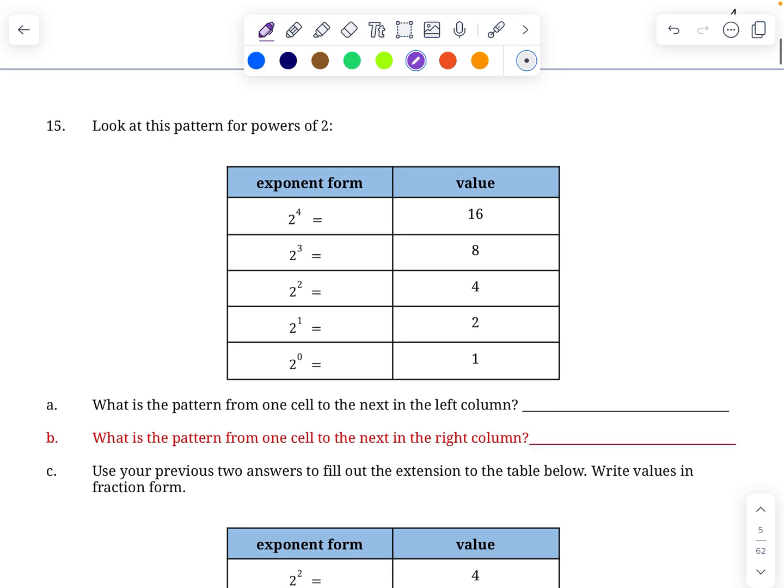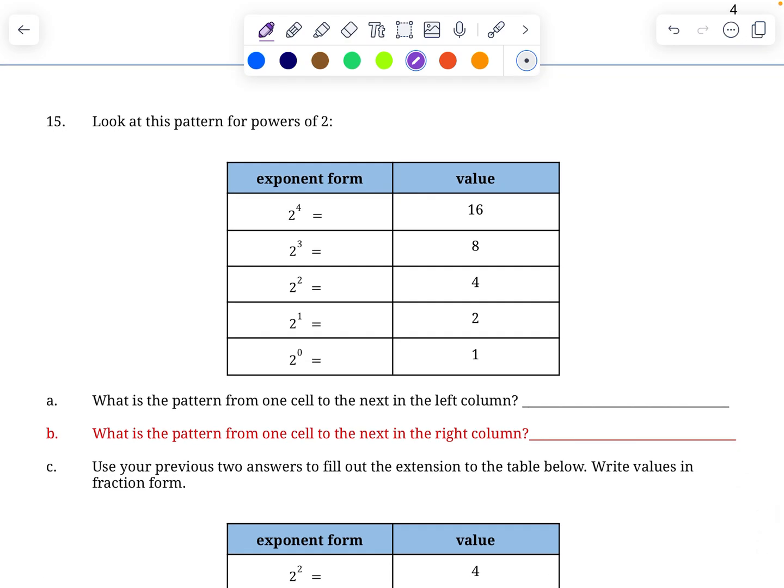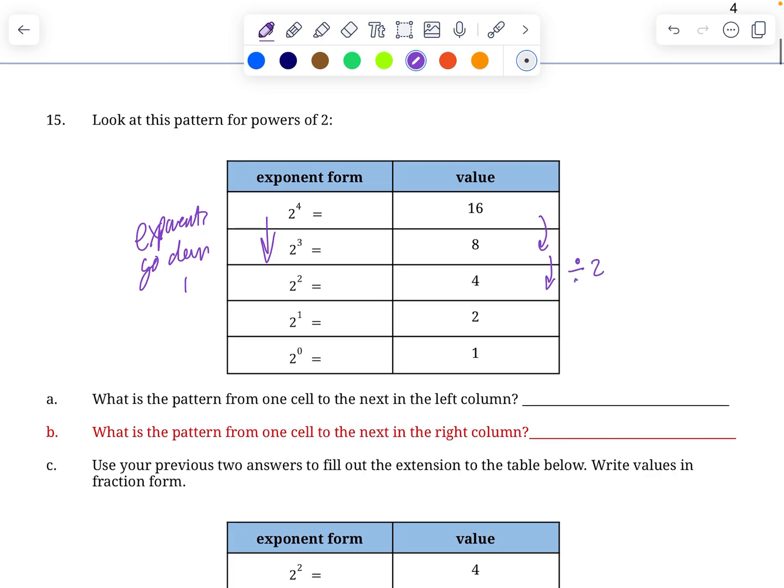This last one's a little bit weird. If you look at the pattern here, as the exponents go down 1, what's happening to these numbers? You're dividing by 2. So as the exponents go down 1, you're dividing by 2.